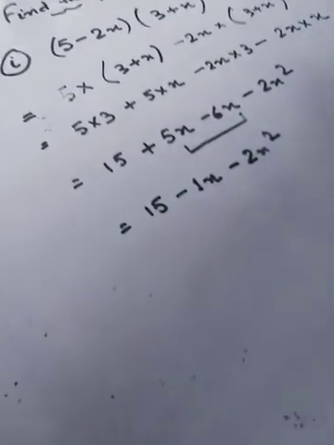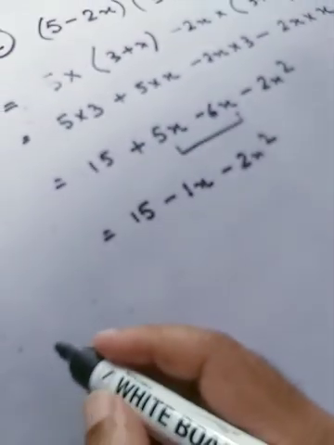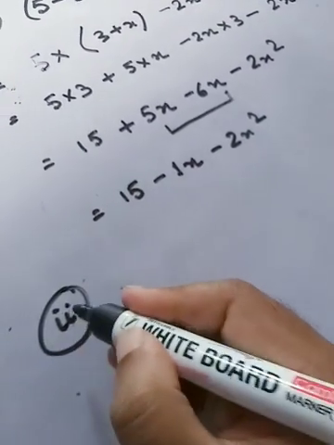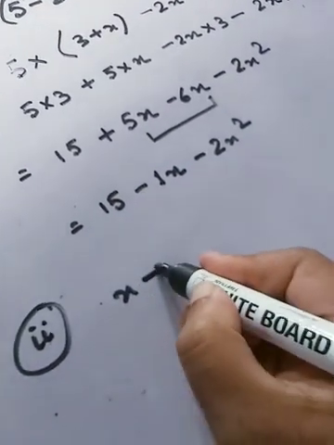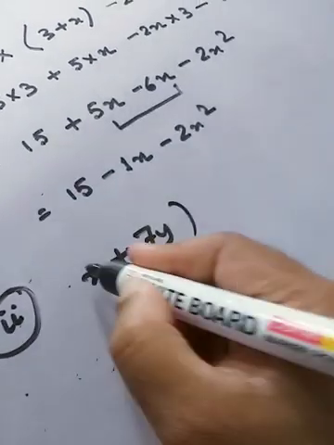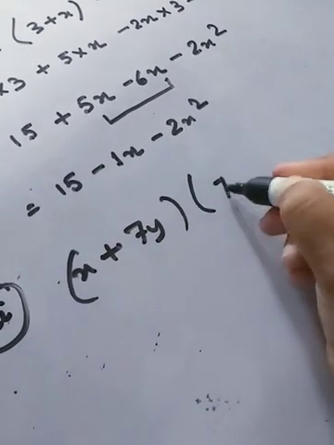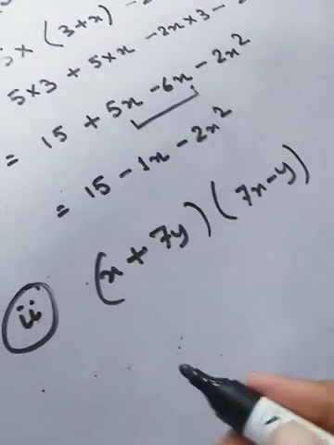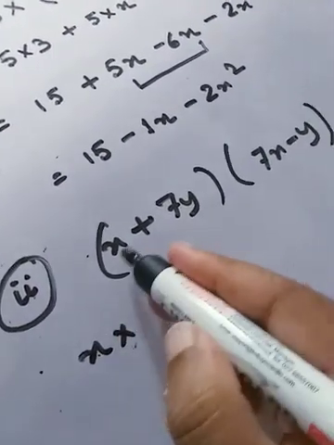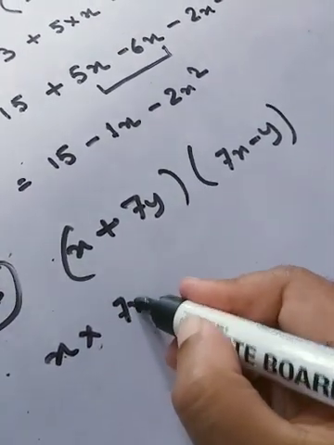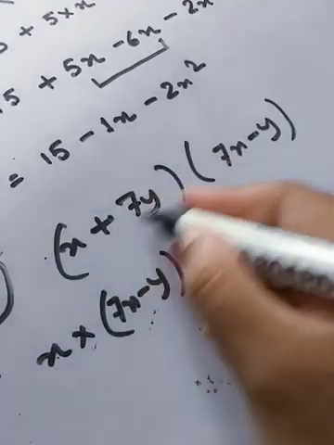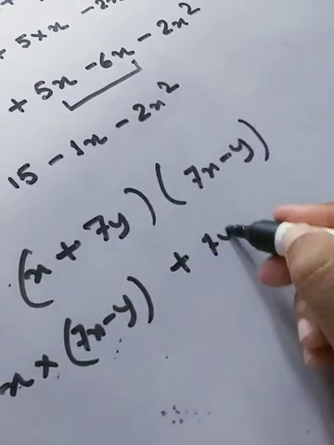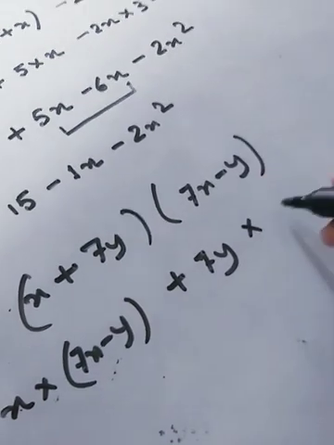Okay, let's see question number 2. This is x plus 7y, and the other one is 7x minus y. The same thing we'll do. First we will do x with this whole binomial, plus 7y with this whole binomial.